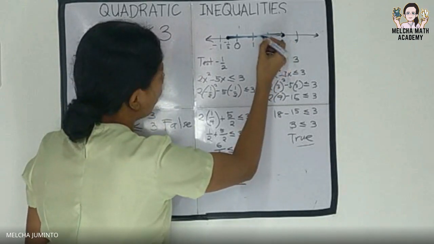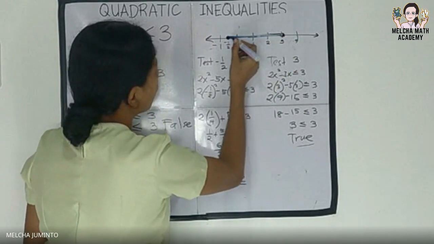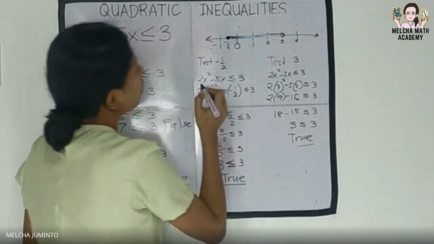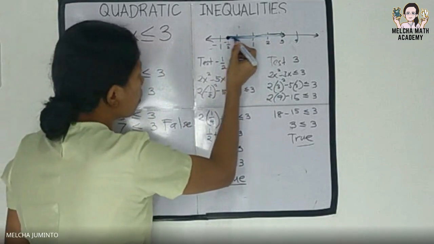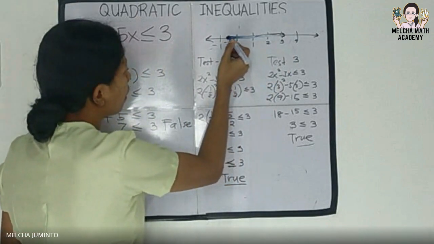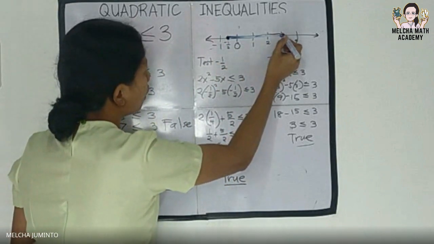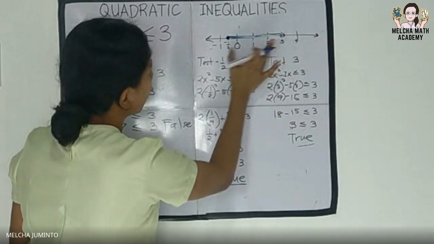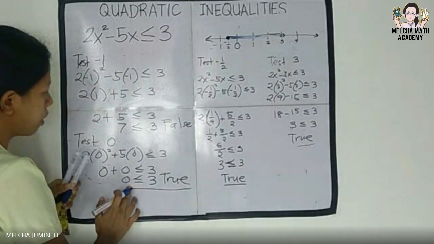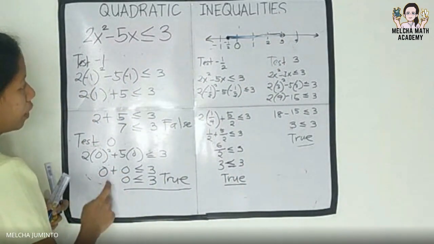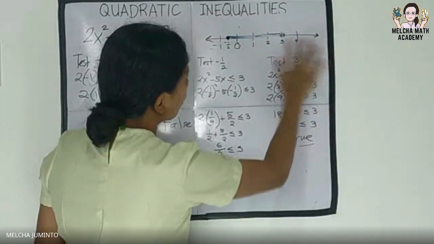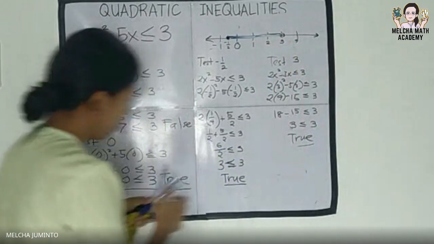Use blue pen or crayons to show that this portion, this area are all solutions. If you shade this area from -1/2 up to +3, that only shows that all numbers located here are solutions because of this proof. Lastly, you need to test the last number to the right of 3.